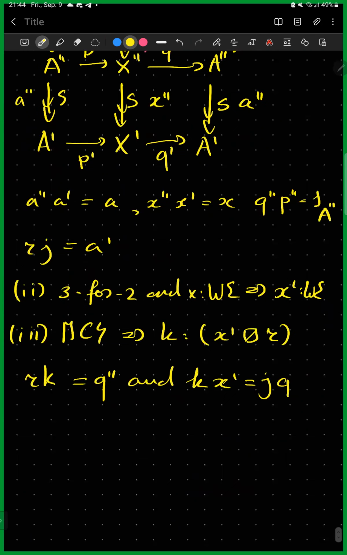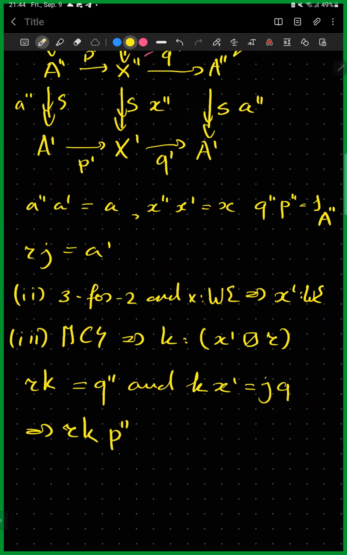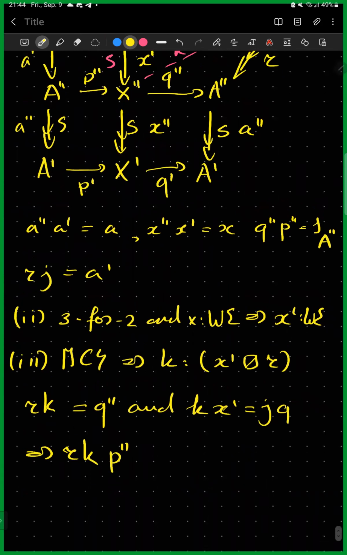This in turn implies that Rk multiplied by P2 primes on the right is the same as Q2 primes multiplied by P2 primes on the right, which is in turn, by functoriality, an identity map of A2 primes.